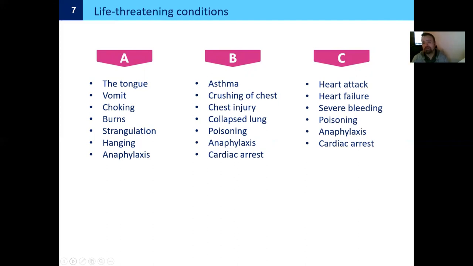Cardiac problems here: heart attack, heat, severe bleeding, poisoning, cardiac arrest, and anaphylaxis.